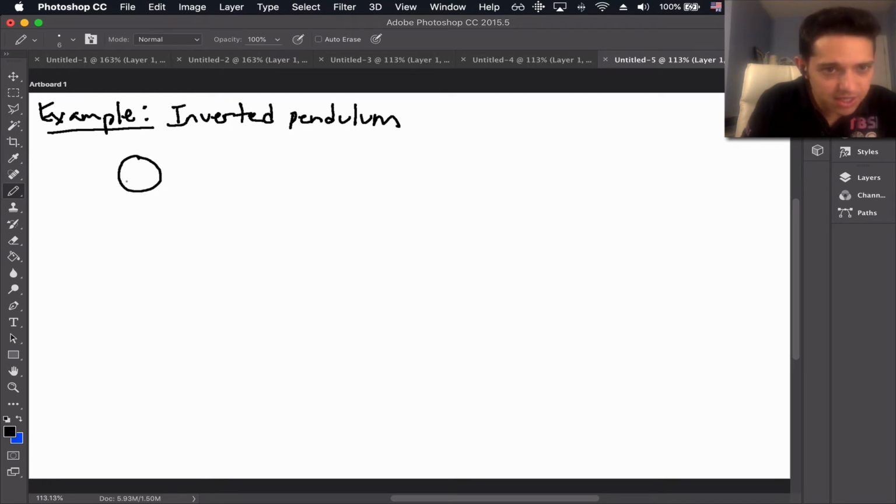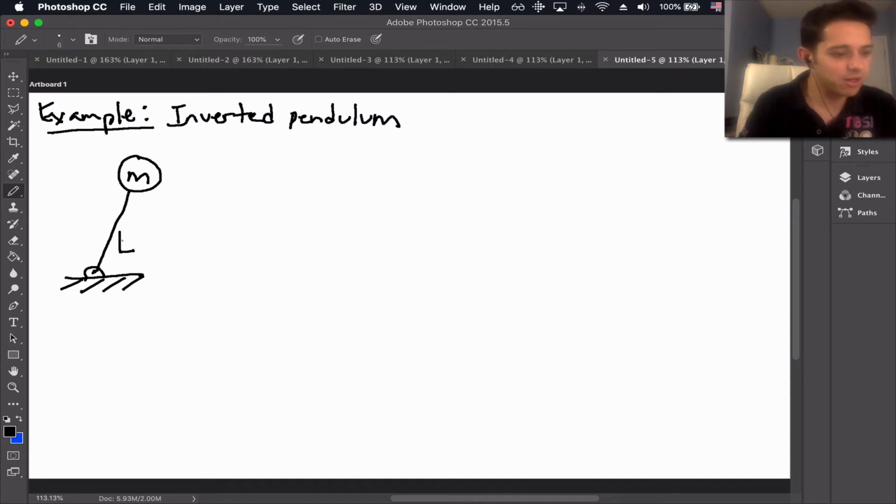I want you to imagine that we have this pendulum that's composed of this mass, and it's connected to a pivot by some massless rod. And we're going to assume that the length of this rod is given by L. Now, because this pendulum exists on Earth, it is subject to a gravitational force given by m times the acceleration of gravity, the constant g.